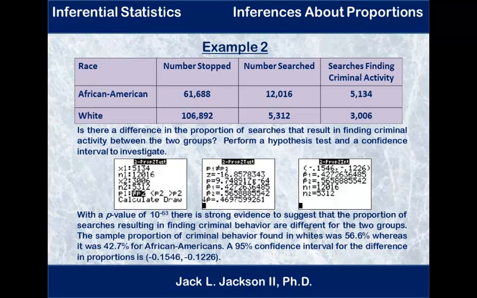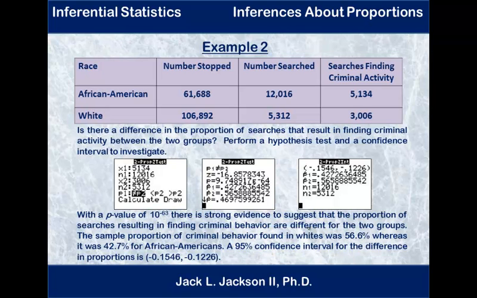So again, this is some evidence to support the fact that the racial profiling, not only is it occurring, it's not even being useful in helping them catch criminals, because the proportion that they're catching on the whites is significantly higher.